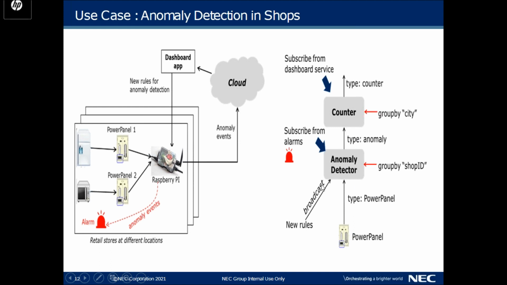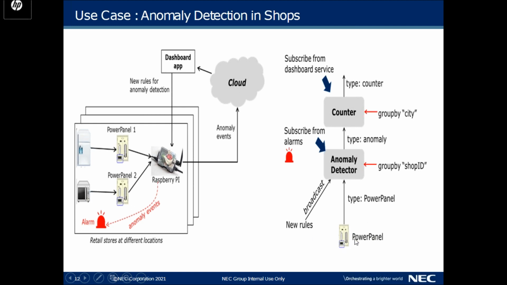The output of the anomaly detector operator goes as an input to the counter operator. Someone has subscribed from the dashboard to the counter operator. You can define the rule here for anomaly detection. This is a threshold: only 30 watt is my threshold. If the usage goes beyond it, you need to raise an alarm. You can vary it; it is 30 now, but you can set it to 60, 80, 90, whatever you want.